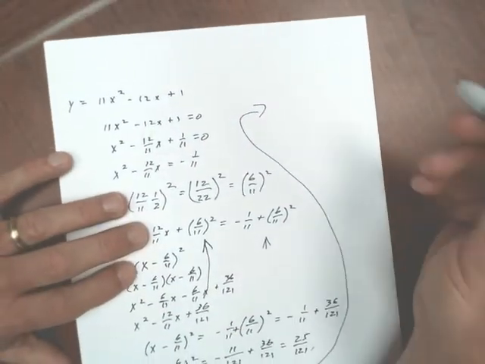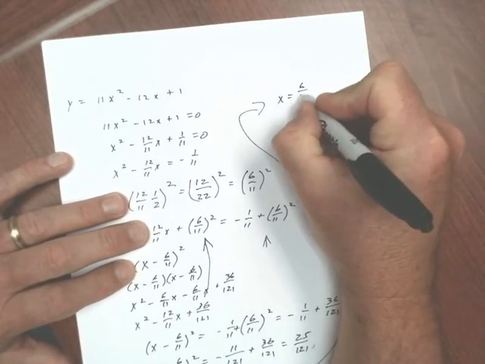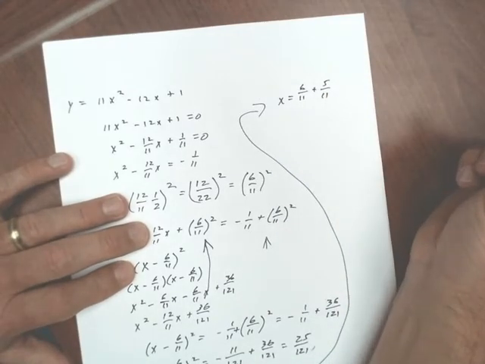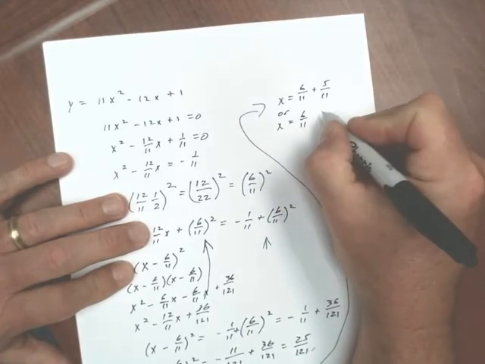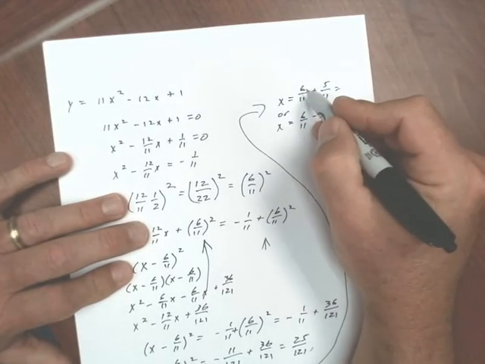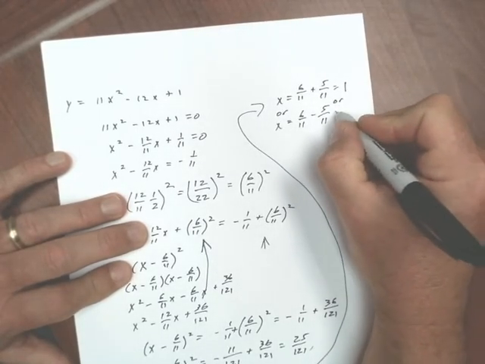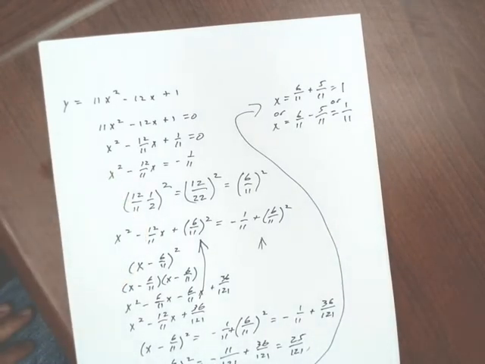Okay, simplifying this further, this means that x equals 6 over 11 plus 5 over 11, or x equals 6 over 11 minus 5 over 11. So 6 plus 5 is 11, that's 11 over 11, so x equals 1, or x equals 1/11. And that's solving for your x-intercept using completing the square.